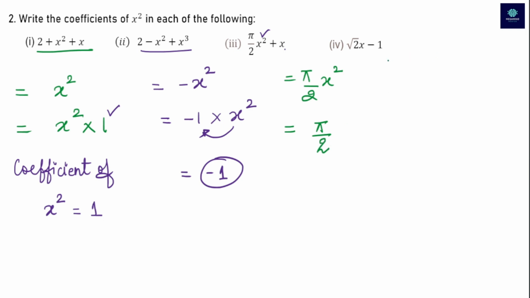Now coming to question number 4, which is little tricky, and let us see how to do it. So for solving this question number 4, I will write root 2x plus 1.